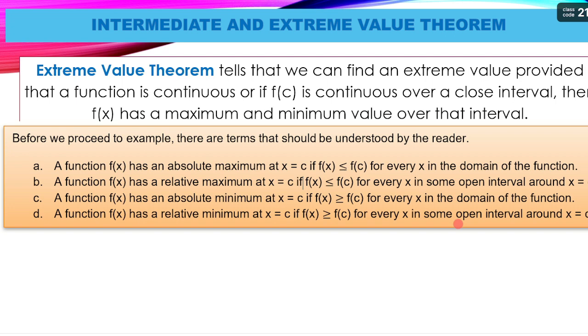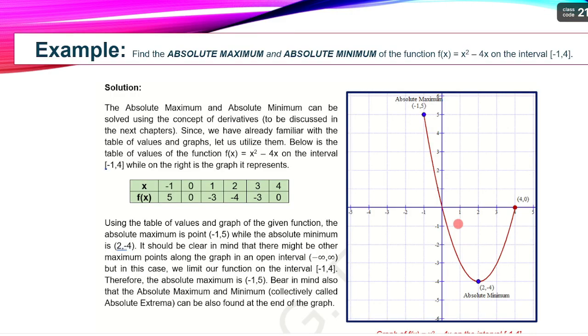So that's the idea. When it is an absolute maximum, for every x in the domain of the function, f of x is less than or equal to f of c at x is equal to c.